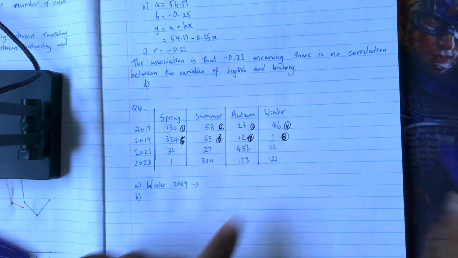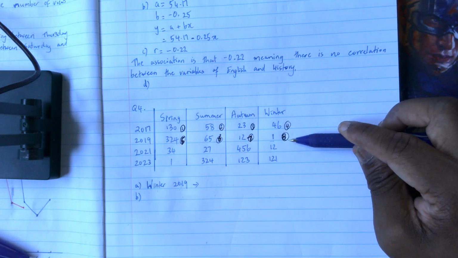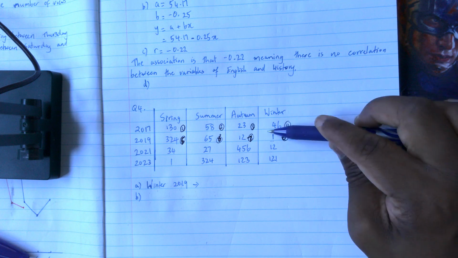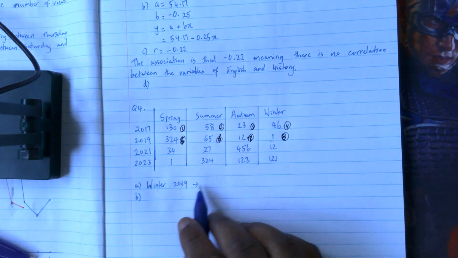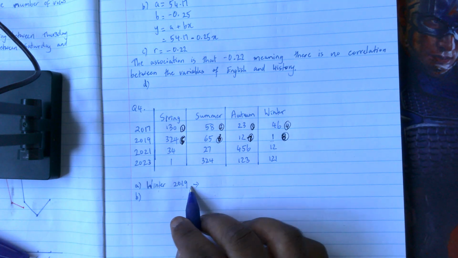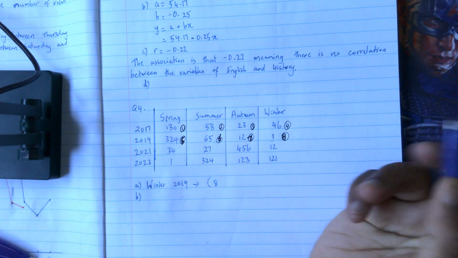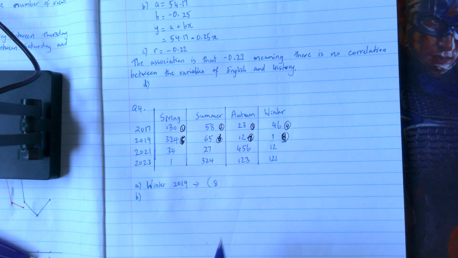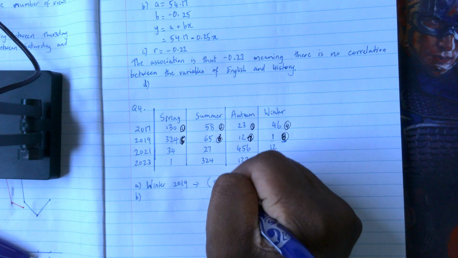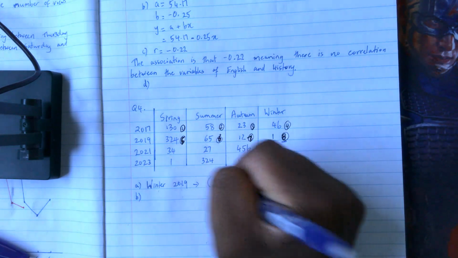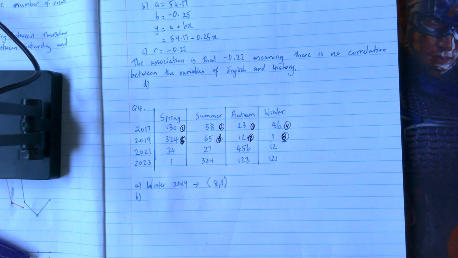So your 8th number is 1. So that means the coordinate that shows 2019 on the graph is going to be at 8 on the x-axis. That's what's given in black. And then our y value is going to be 1. That's how much rainfall they had at that point.